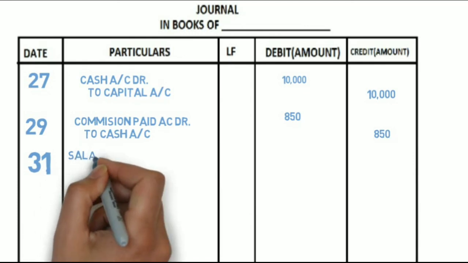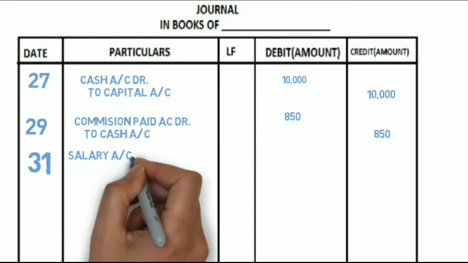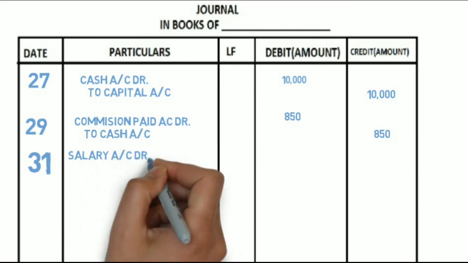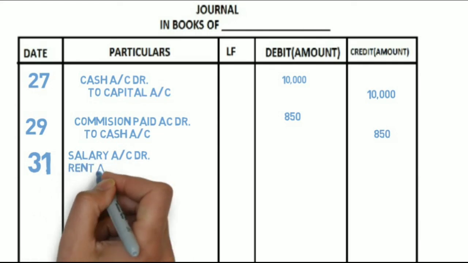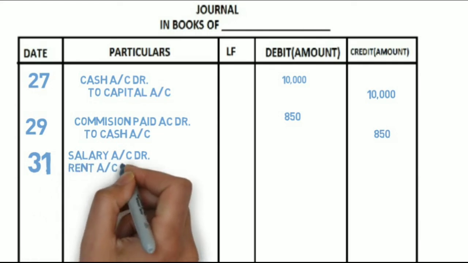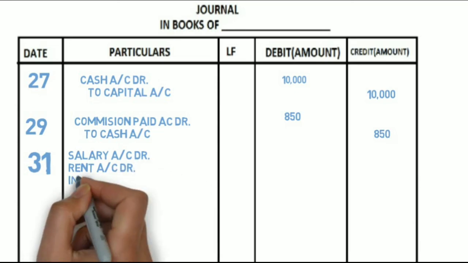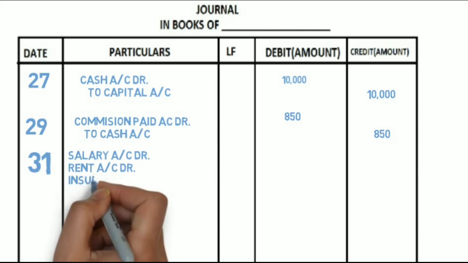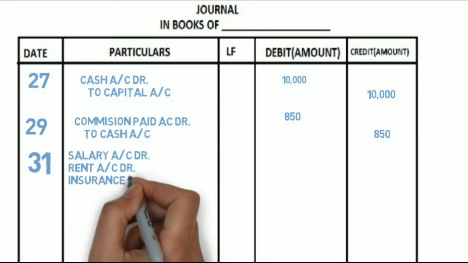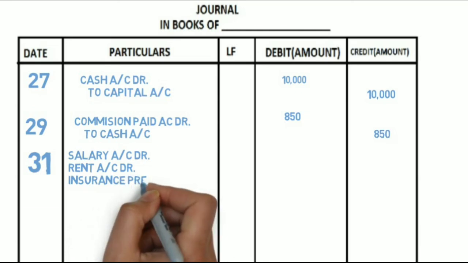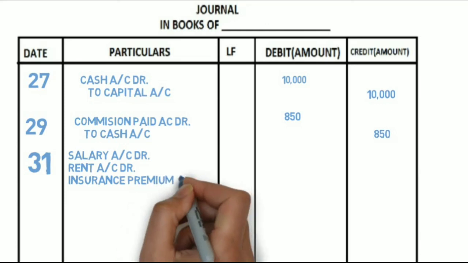And on 31st, paid salary to staff 550, paid rent 2,500, paid insurance premium 580. These have all been passed on the same date, so we can pass a combined journal entry. Paid salary to staff: salary, an expense, has been increased, and cash, an asset, has been reduced.